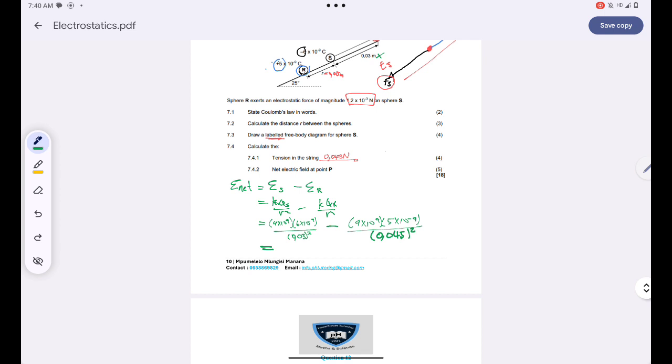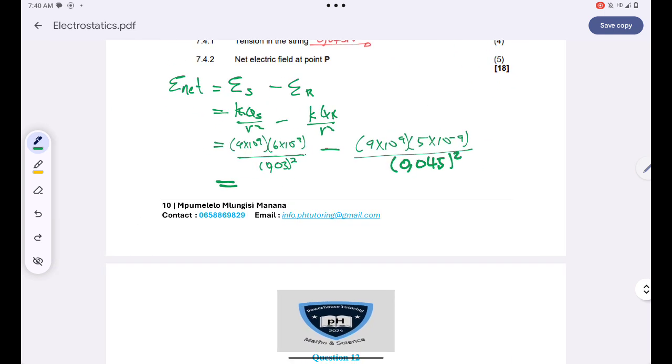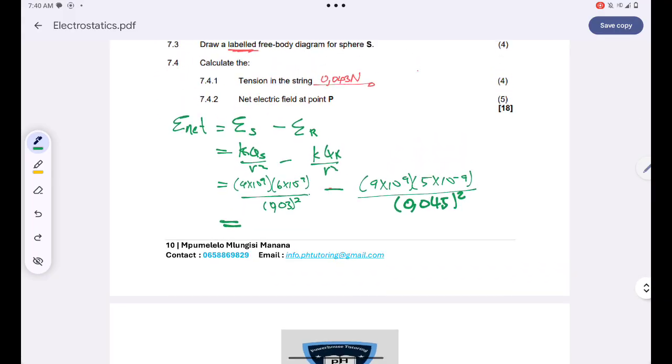And then all I have to do now is punch my precious calculator to write down the net electric field and its direction.